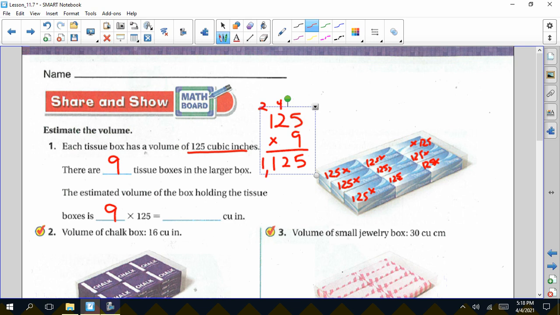And because we're talking cubic inches, that's our volume: 1,125 cubic inches for the larger box that holds the tissue boxes.